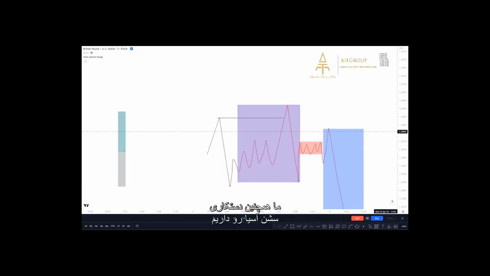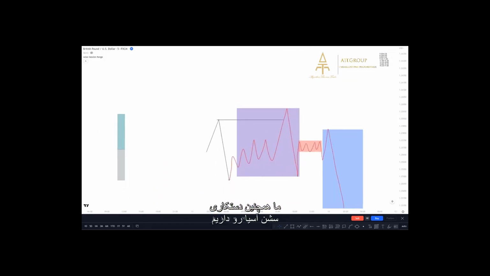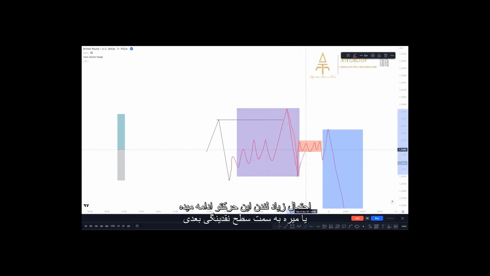And also we got Asia manipulation. So for example, we got Asia build up right here, then Asia sweeps some major liquidity on the left. Most likely London will continue the move for the next liquidity point.